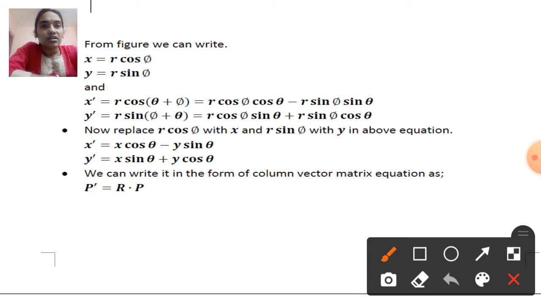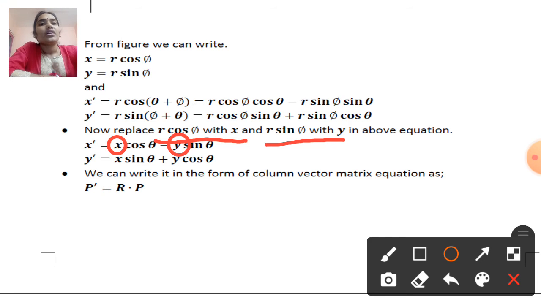In place of r cos φ we can write x, and in place of r sin φ we can write y. So in this way x' is x cos θ − y sin θ.